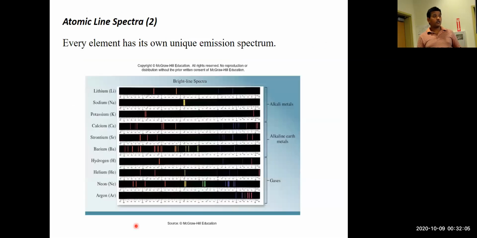So let me show you a bunch of elements with their unique patterns of line spectra. When any one of these, lithium, sodium, potassium, calcium, all of these materials, are heated and given sufficient energy, they start to emit the energy back.